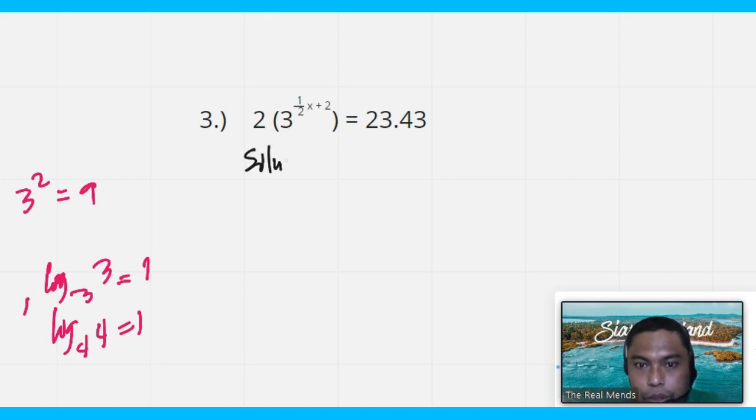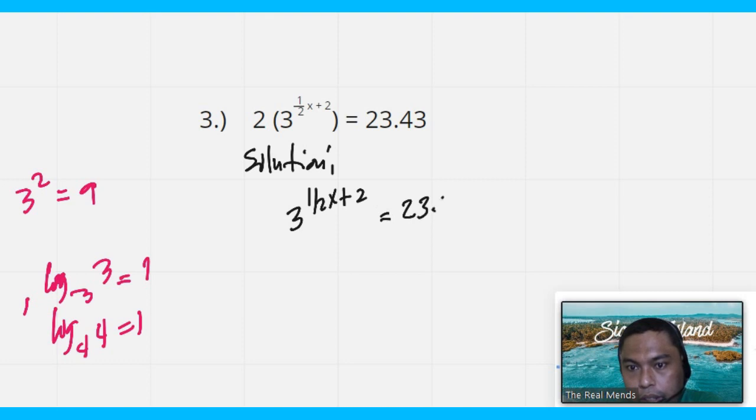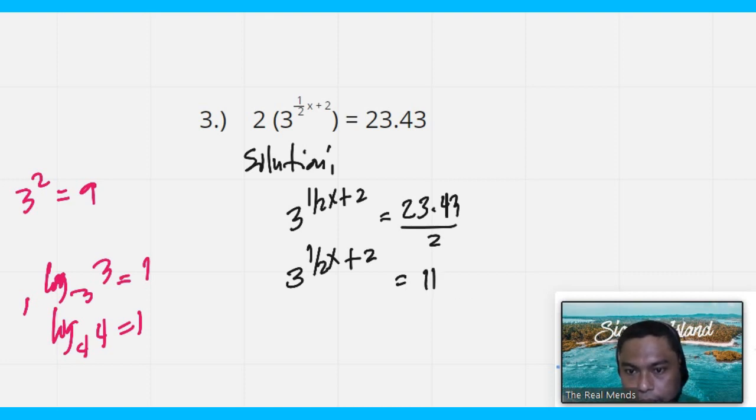So this is our solution: 3 to the power of 1 half x plus 2 is equal to 23.43 over 2, which is just 11.715.